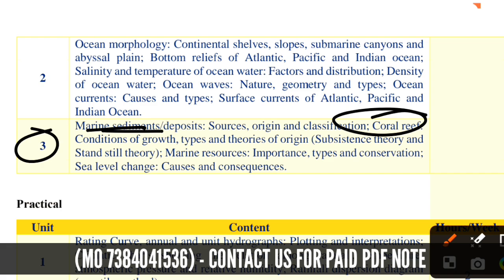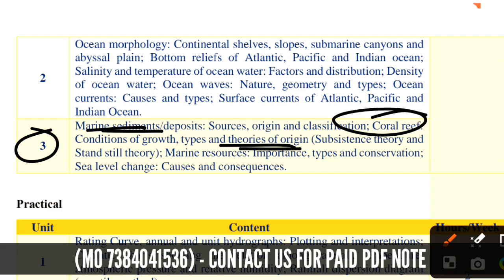After that you have to study the different types of coral reefs. The syllabus also included the theories of origin of coral reefs.